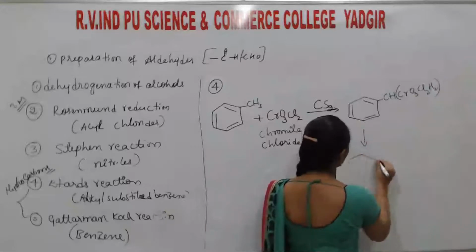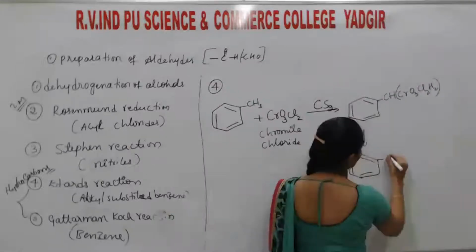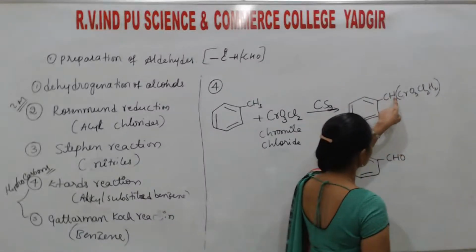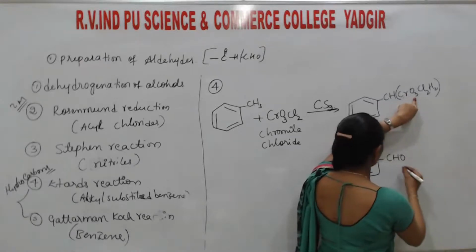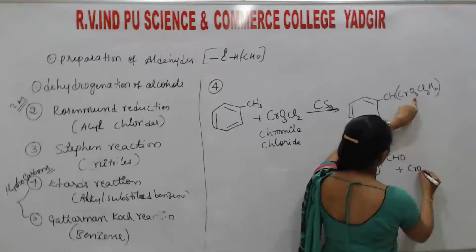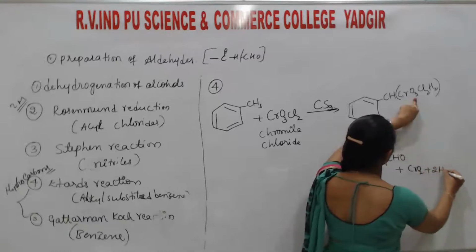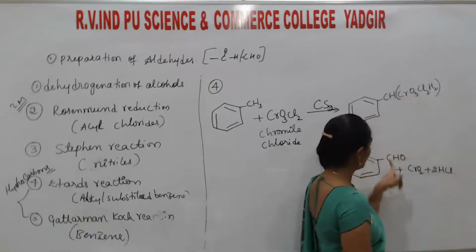What do we want? The first product is CHO. Here CHO is there, correct? Next, CrO2 plus 2H. Are you getting?